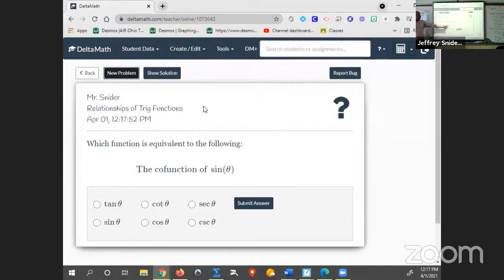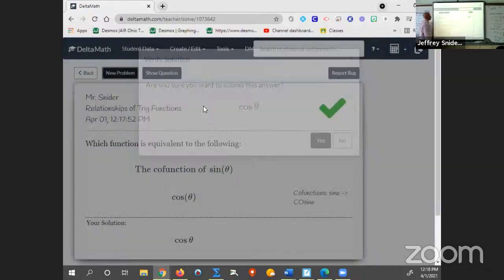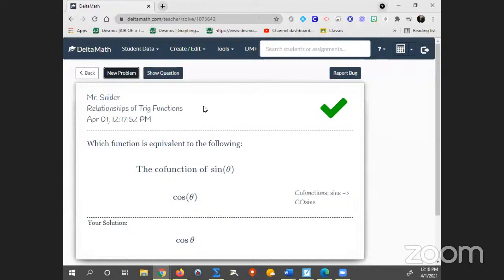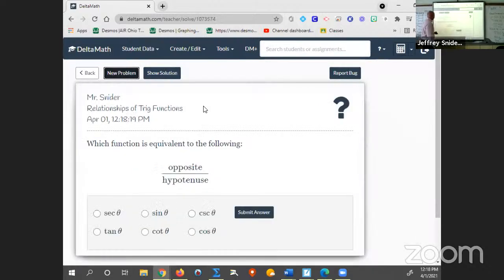But this one, what about this? What is the cofunction of sine? So let's just see. I'm going to try cosine and see what happens. Yes! Sine and cosine are cofunctions. Okay? That means that secant and cosecant are. Okay, great. Let's keep going here.